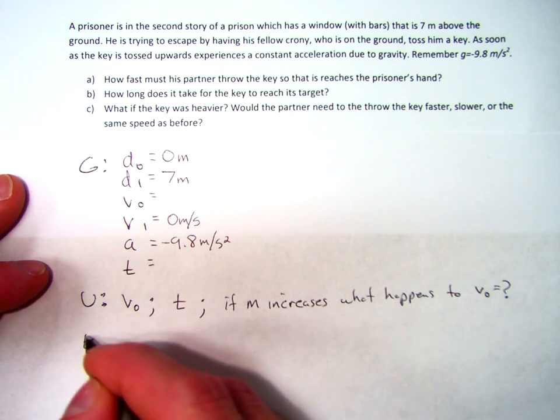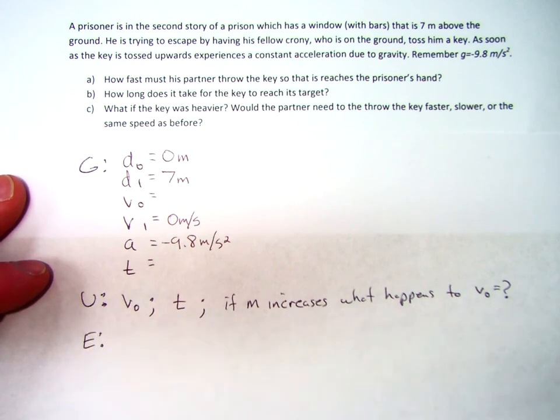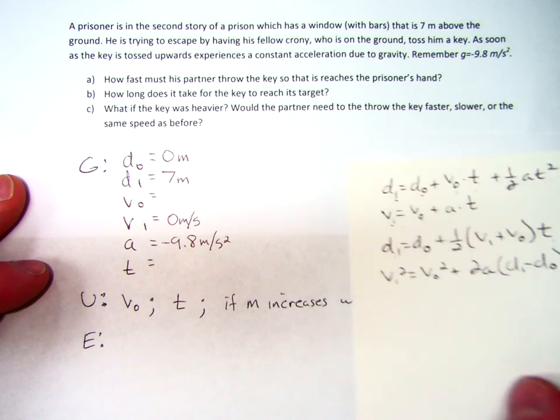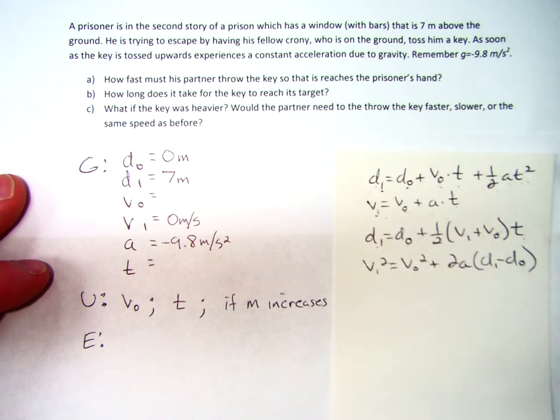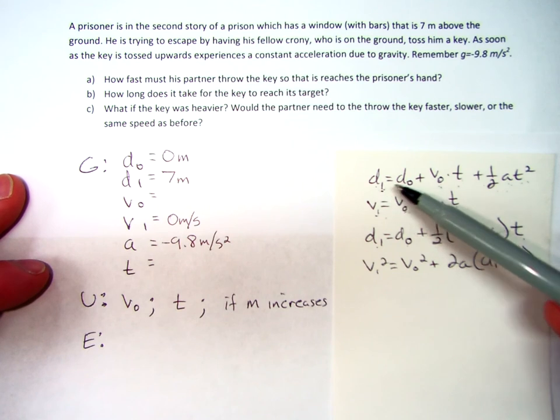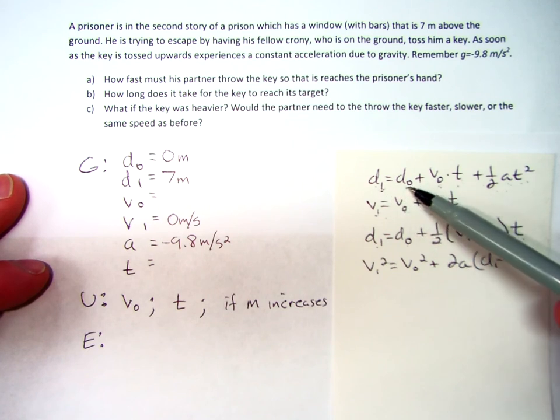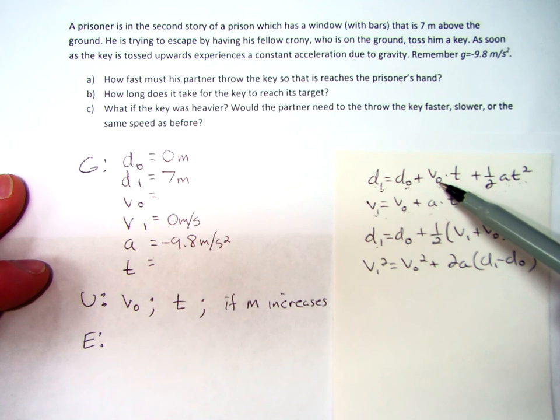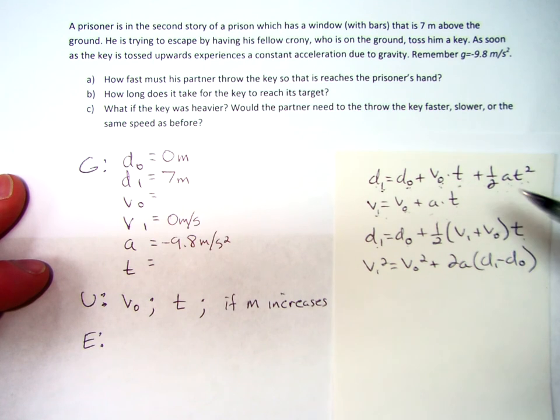So our first problem, V0. Look at our note card. We need to find an equation that has V0 in it. This one does. We know that D1 is 7, D0 is 0. We don't know what V0 is. We don't know what time is. We can't use that one. This one, we don't know what time is again.